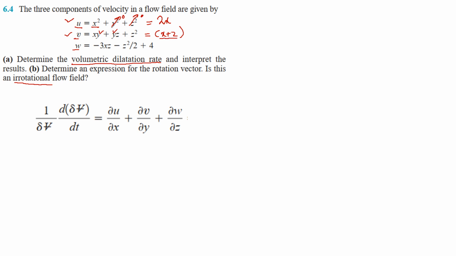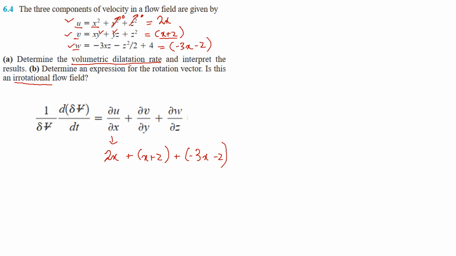And then this term, that is the z velocity vector, will be derived by taking the partial derivative of this velocity vector with respect to the z axis. So we will get minus 3x minus z. So we are going to add these terms, so we will put here the 2x that we had and the x plus z and plus minus 3x minus z.